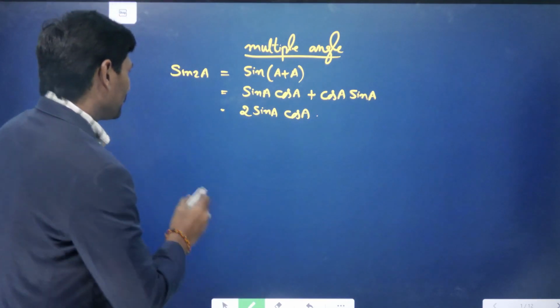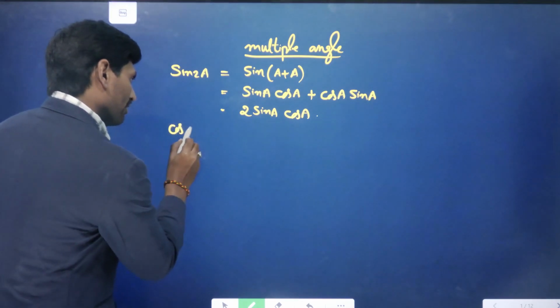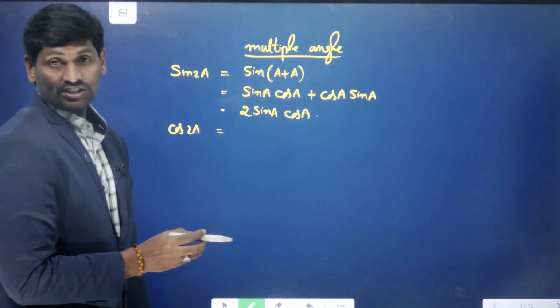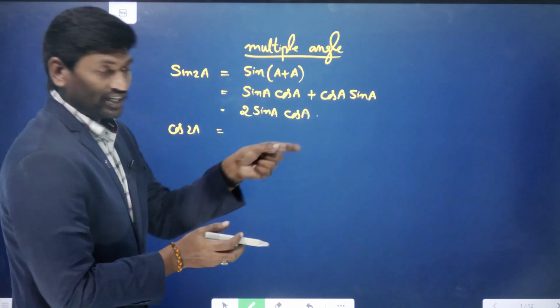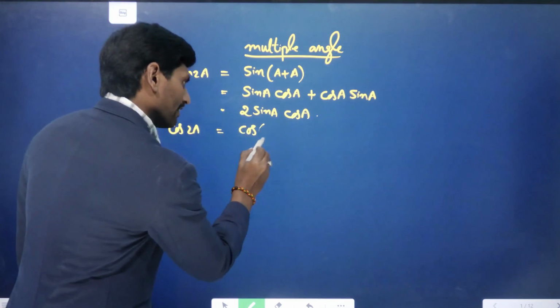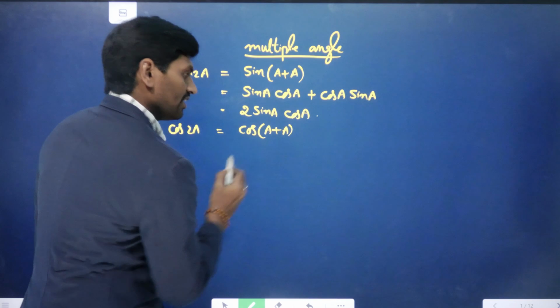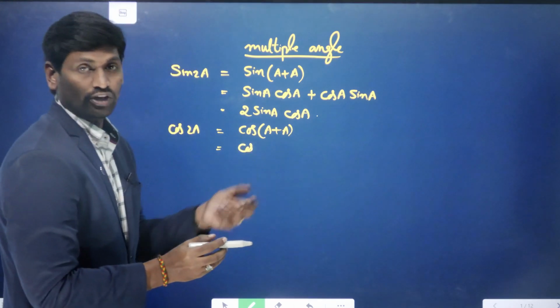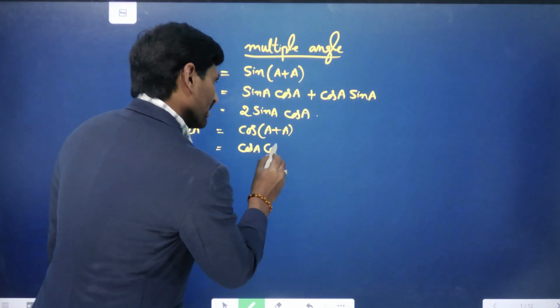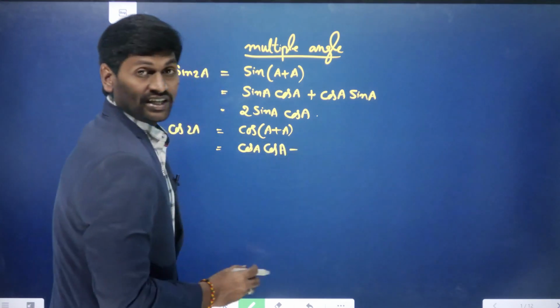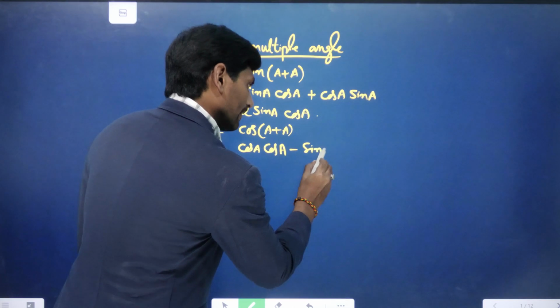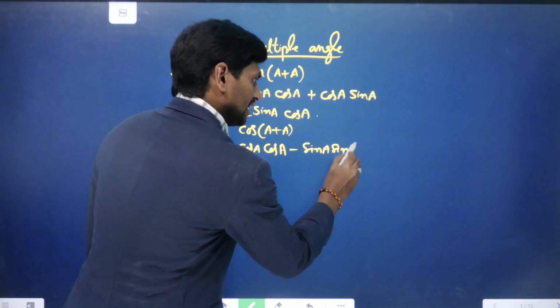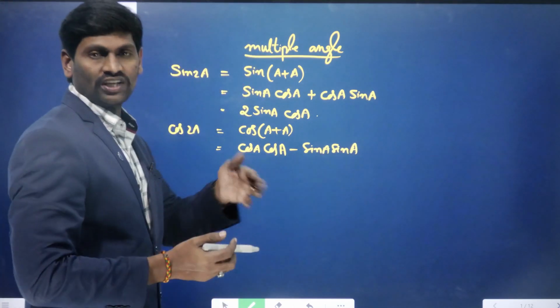Same way, the cos 2A formula we can also write as cos(A+A). The cos(A+B) formula is cos A cos B minus sin A sin B. Here A and B both are the same, both are A's only.